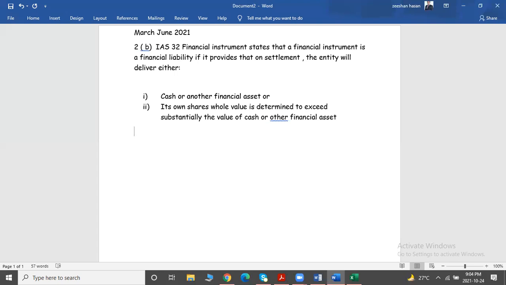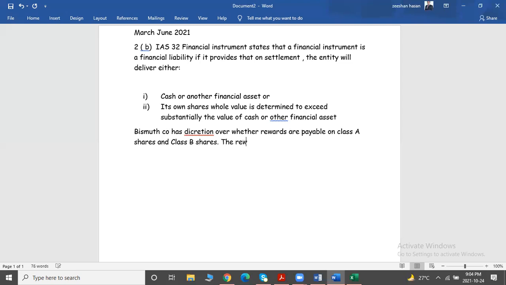Now we will connect it with the scenario. The Bismuth Company has discretion over whether rewards are payable on Class A shares and Class B shares.